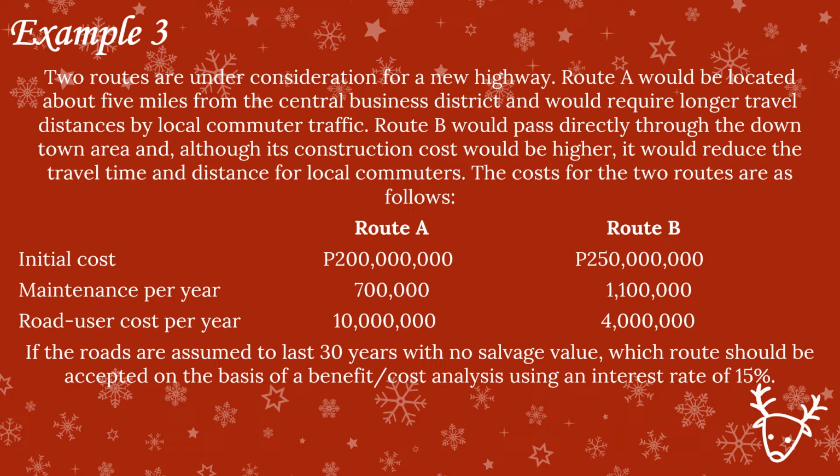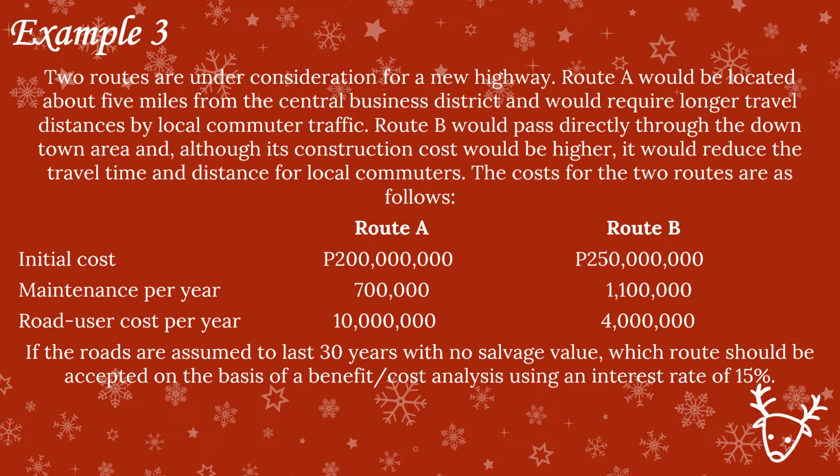Route B would pass directly through the downtown area, and although its construction cost would be higher, it would reduce the travel time and distance for local commuters.